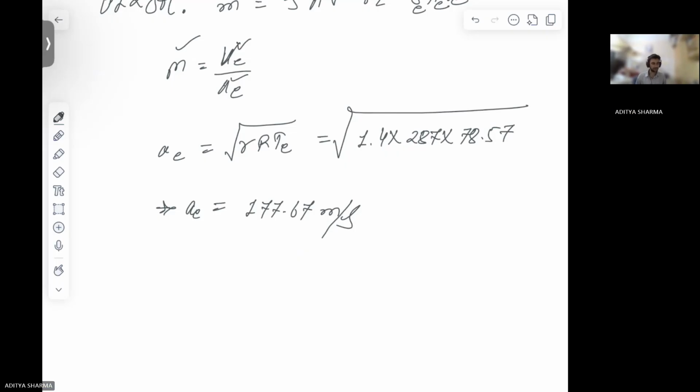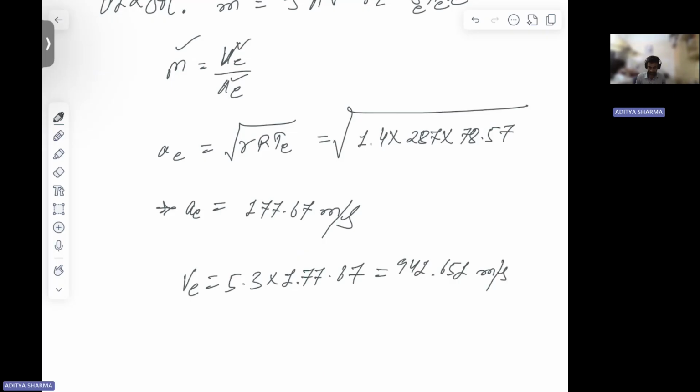Then your VE becomes 5.3 into 177.67. So this comes out to be 941.651 meter per second. So this is there.